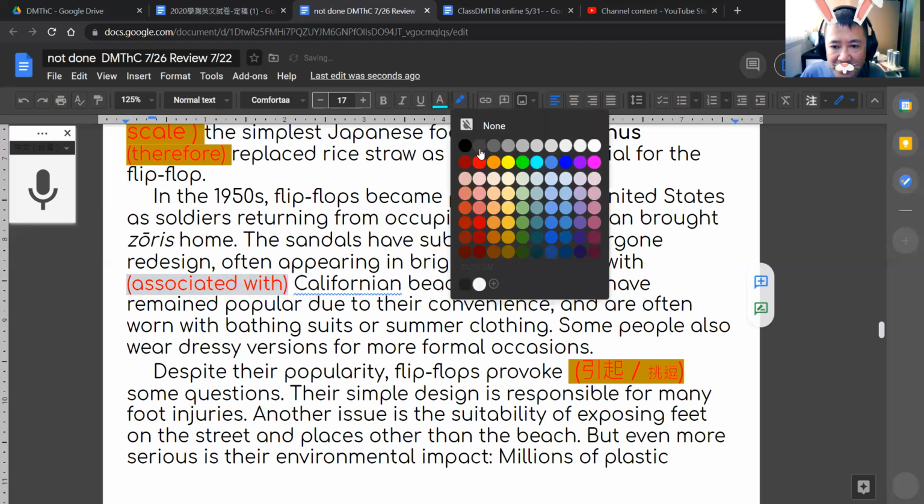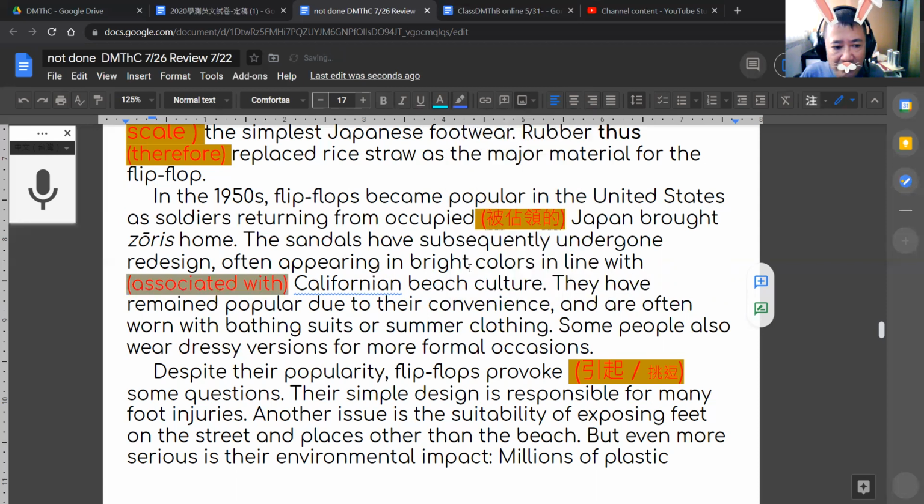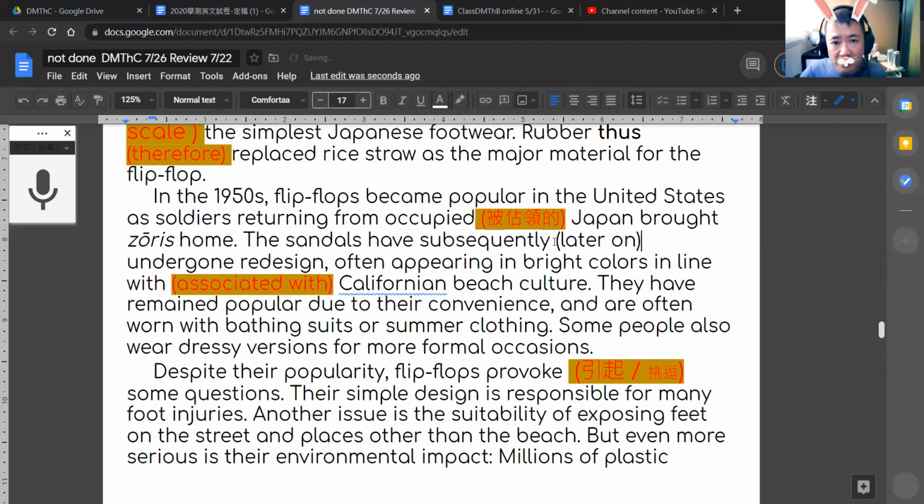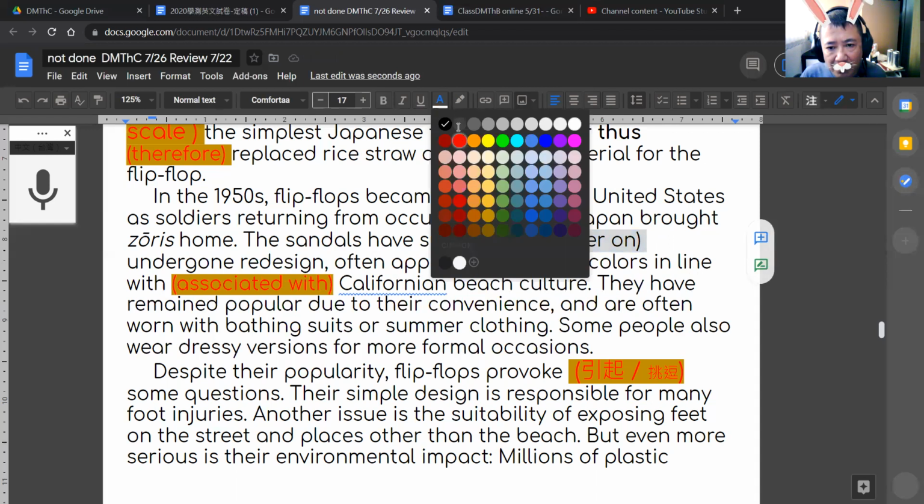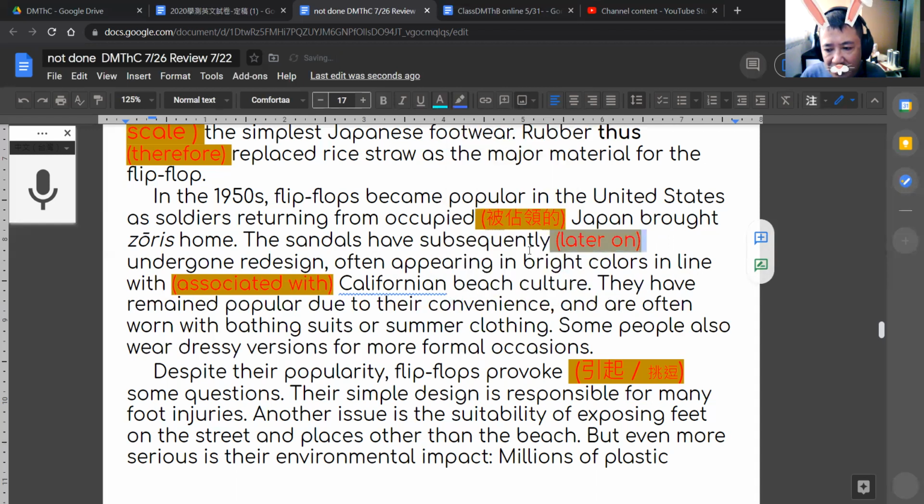Girls in bikinis and so on and so forth. Sorry. Subsequently means later on, later on in the history. Later on, subsequently. I didn't want to do all of them, but all these words are important.